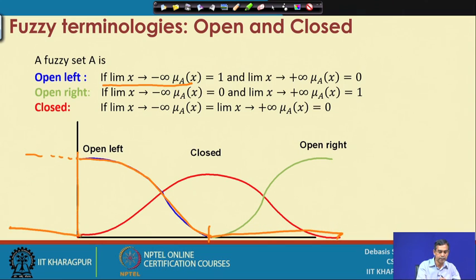So there are two extreme limits, one where all elements are 0 and the other where all elements are 1, and such a fuzzy set is called open.